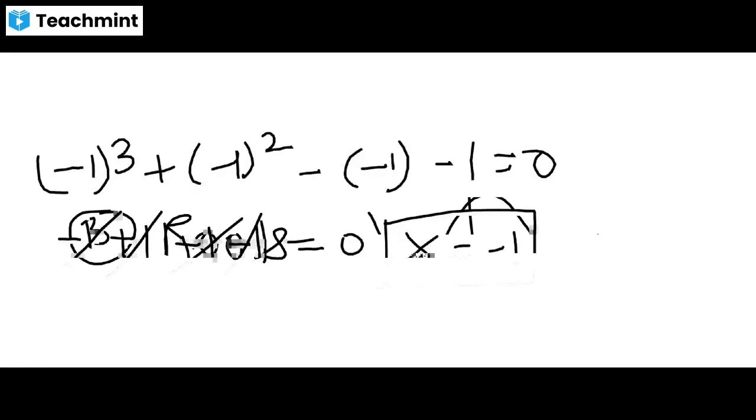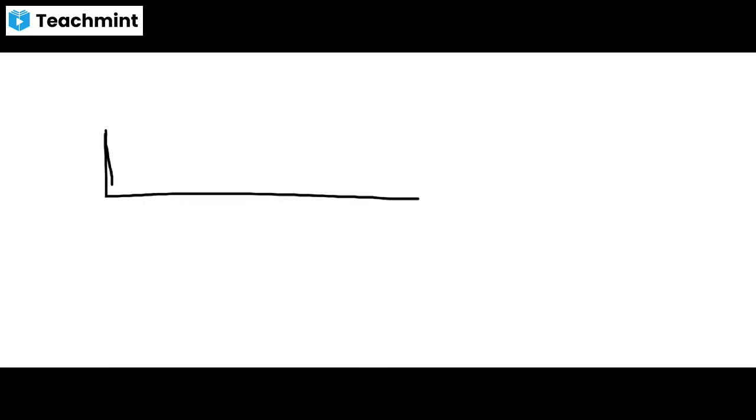So we have here 1, plus 1, minus 1 and minus 1. So we have found one of the roots as x is equal to minus 1, right, minus 1 over here.